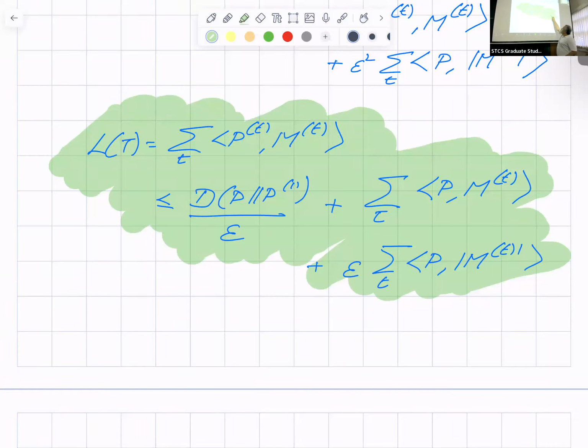This is exactly the quantity we got for the other thing also. We got PMT, and the starting point we had got a ln n. That ln n comes, if P1 happened to be the uniform distribution, this would exactly be ln n.